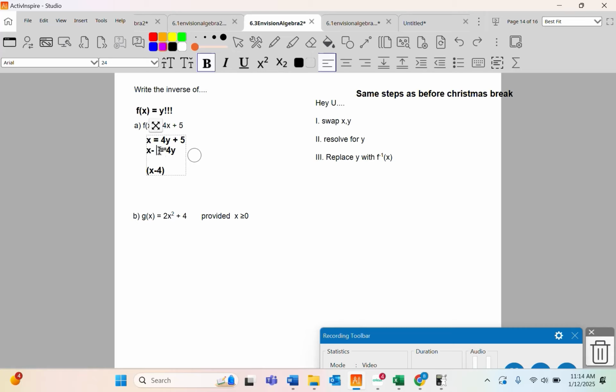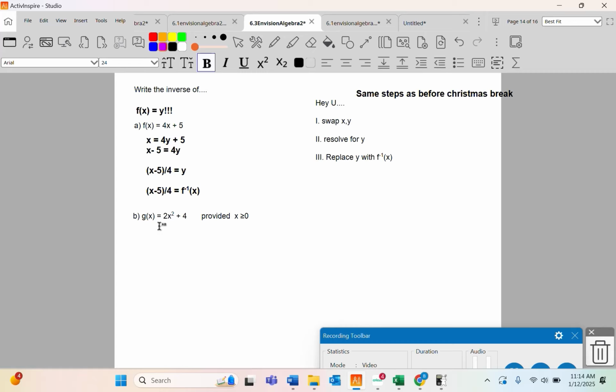And that's supposed to be a 5 there, isn't it? Now, since I'm typing, I'm using parentheses. There you go. And the last step is to replace the y with the correct notation, because if you did not, nobody would know it's the inverse. So f raised to the negative first of x, the inverse of f of x.